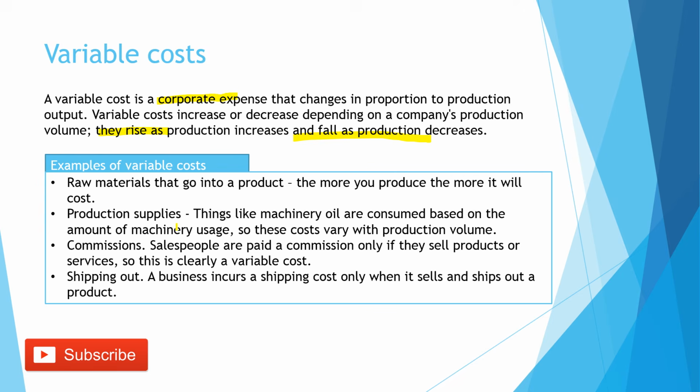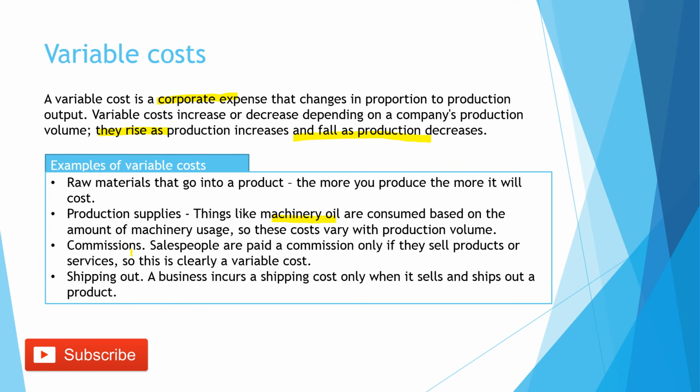Production supplies, things like machinery oil, are consumed based on the amount of machinery usage. So these costs vary with production volume. So if you have lots of orders, you will need lots of machinery oil. But if you have a few orders, you're not going to need as much. So therefore, your variable cost will be up and down depending on the volume of production.